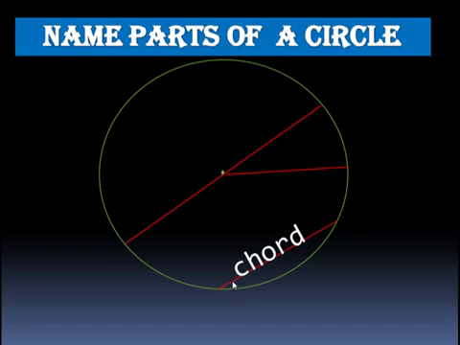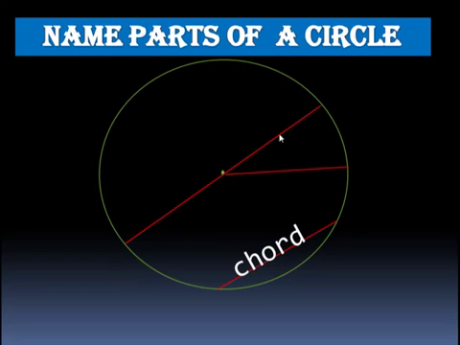I cut this big pie or pizza along this line. Then this region here is referred to as a segment. And this big piece is also a segment, but it is a big segment. We call that the major segment. And we call this piece the minor segment.